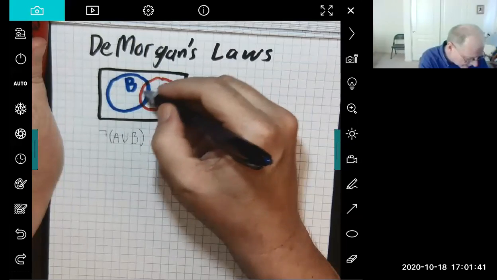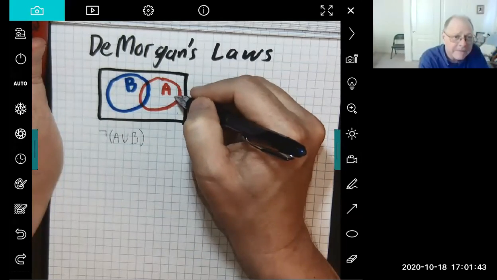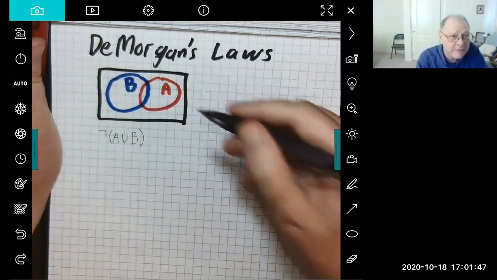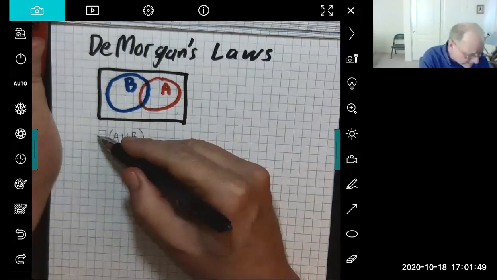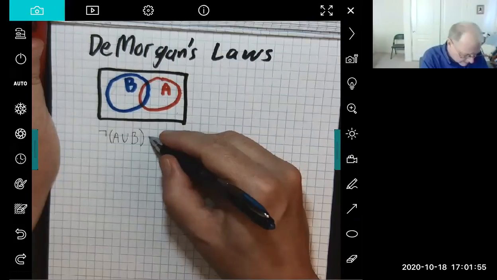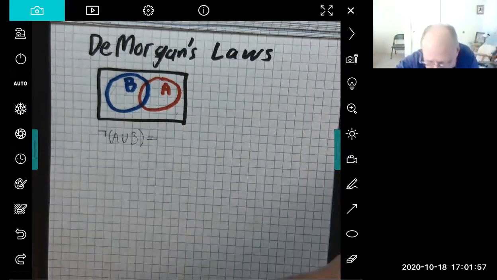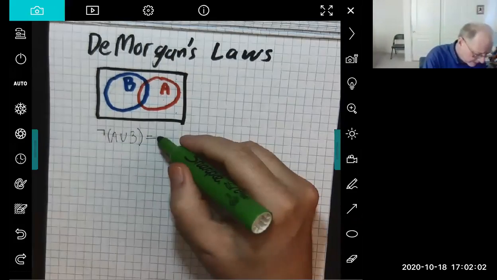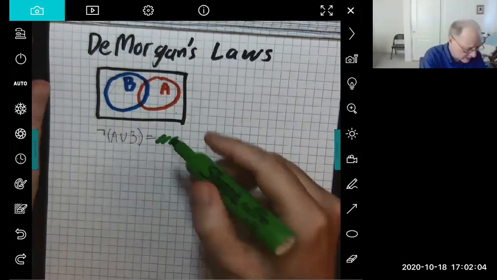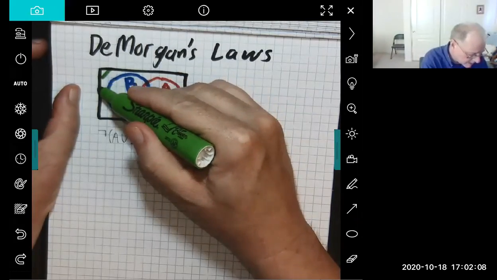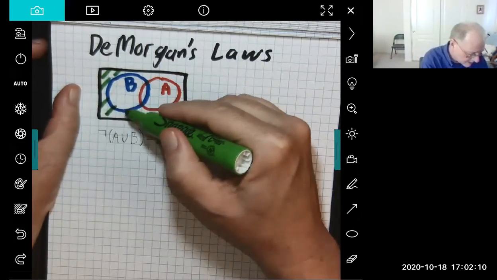The union is all of the points that belong to A or B or both. Now the complement of that is everything that's not that. So let's do that with this green shaded area. The complement of A union B is the outside.